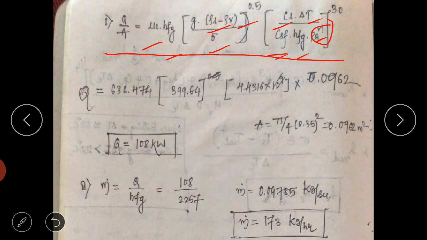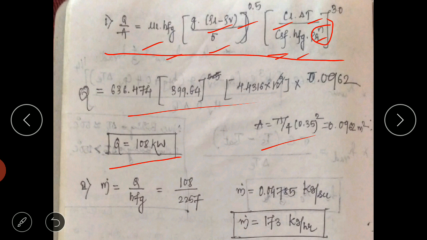And for further nucleate pool boiling problems also, we have to refer to Tsat as the reference point in order to note down all the properties required to solve the problem. All the values are substituted and the value of q is calculated. Actually, we will get the value of q by A.